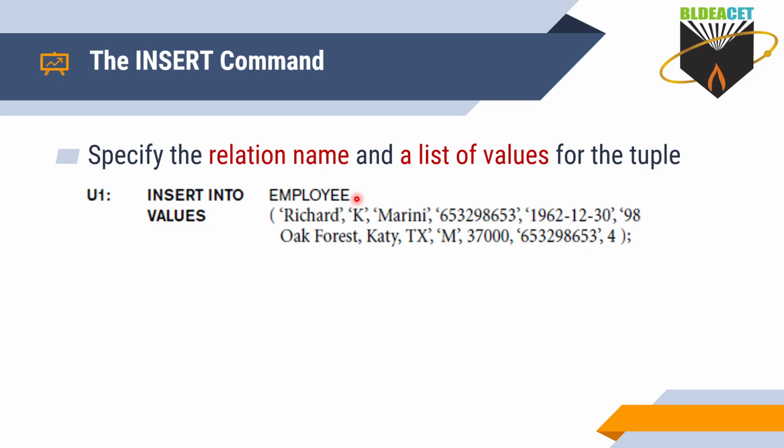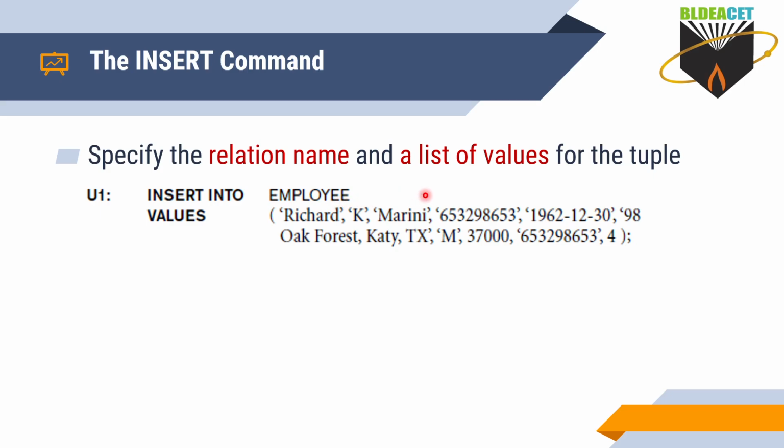Once after creation, if you want to insert, then this is the procedure you have to follow: insert into table name and values. Values is also a keyword, and insert into is a keyword, and the relation name may change, depending on which relation you want to insert into. Next, the values you want to insert you have to put inside brackets. As I told earlier, the values must be in the same sequence in which you took the attributes while creating the table.